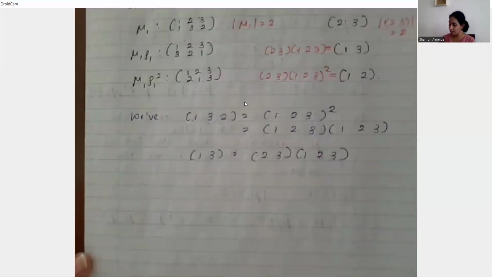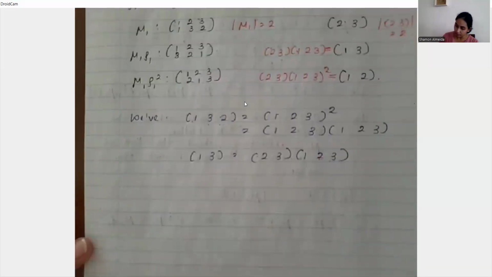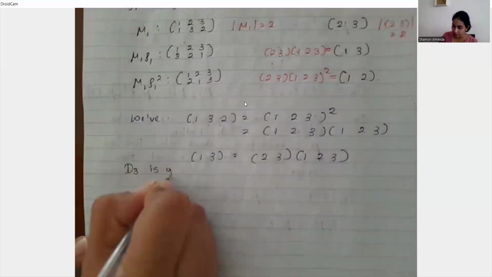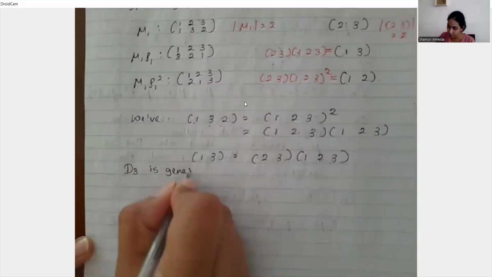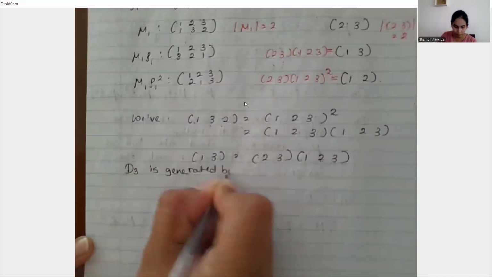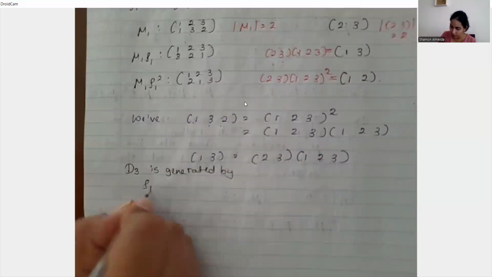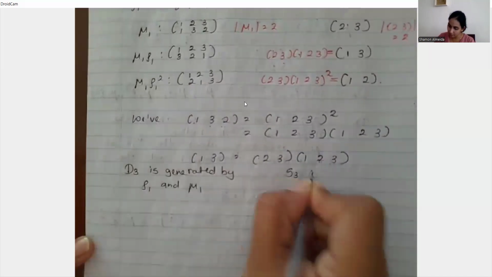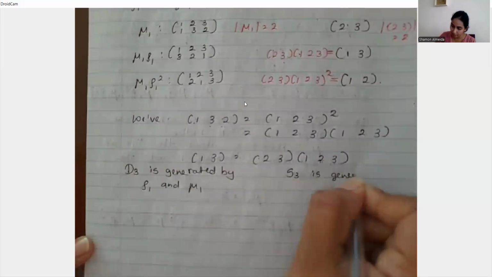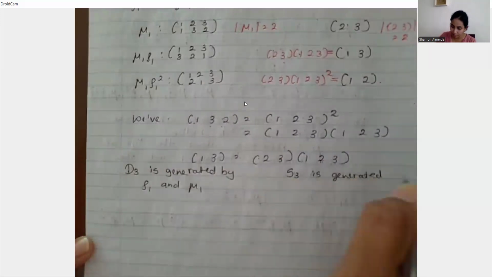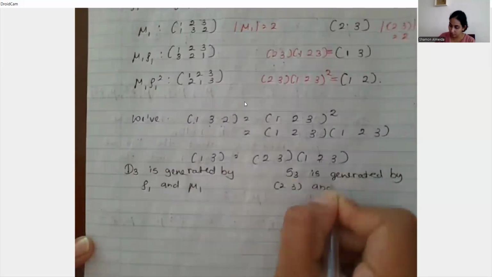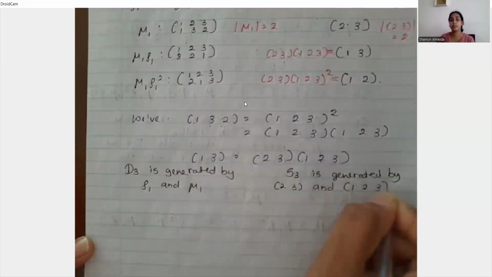So we see that we know that D3 is generated by row 1 and mu1. S3 is generated by 2, 3 and 1, 2, 3.